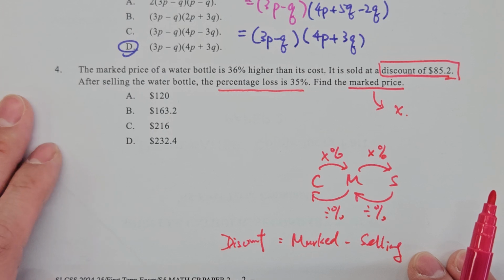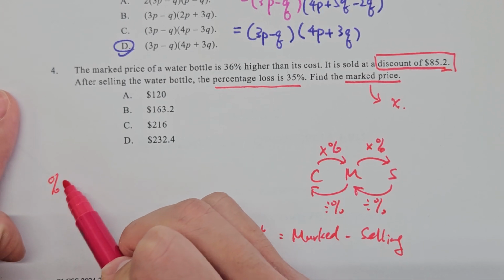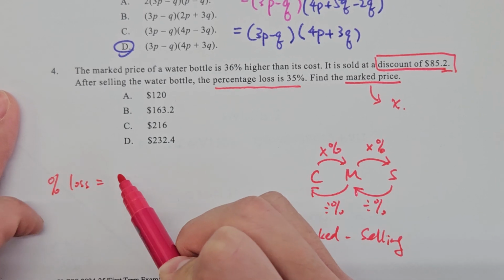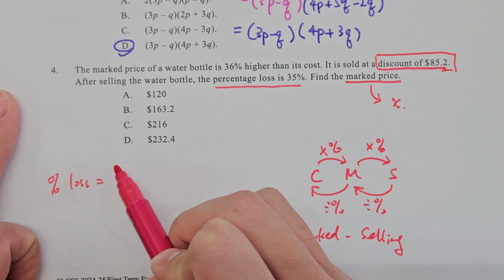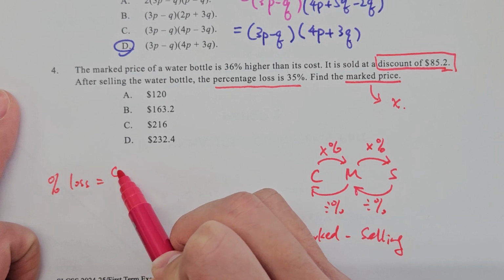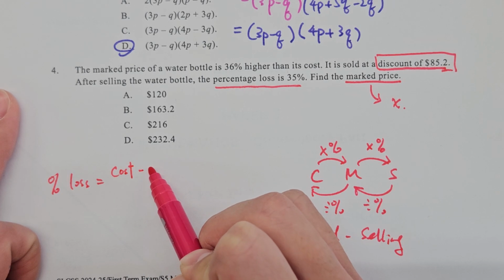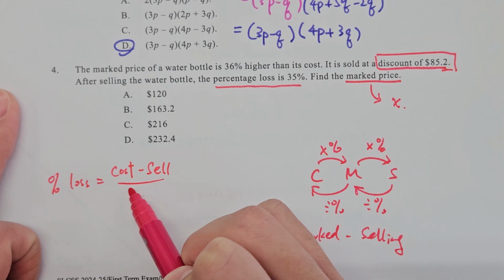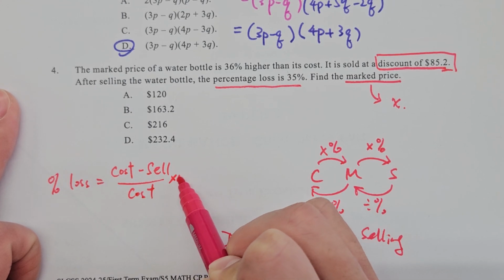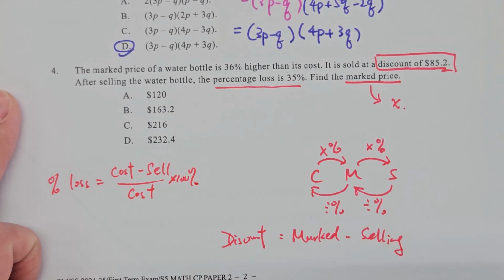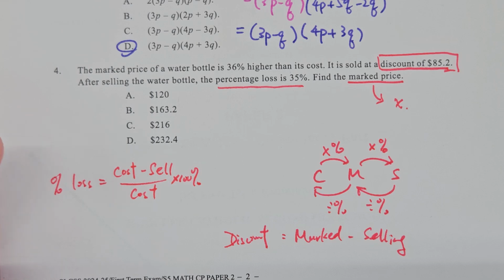So for 35% here, percentage loss is the cost minus the selling price, divided by the cost, times 100%. Okay, so it is like this.